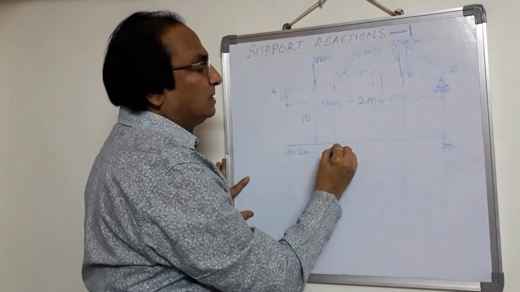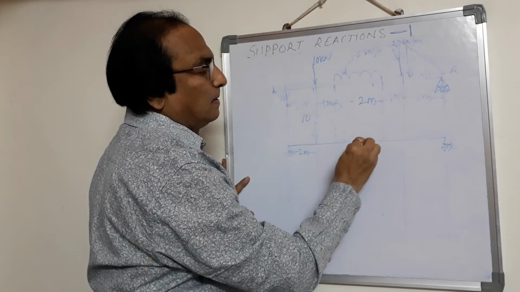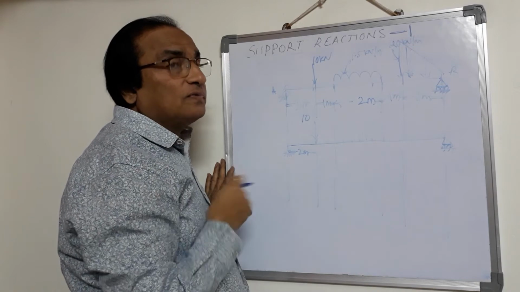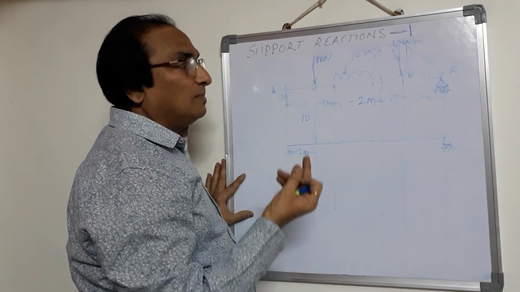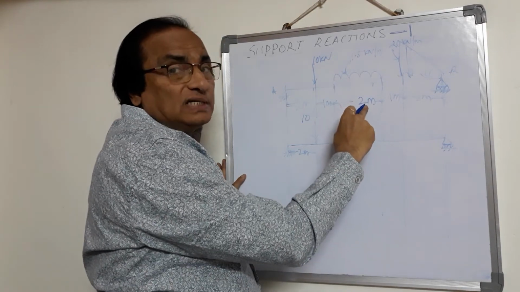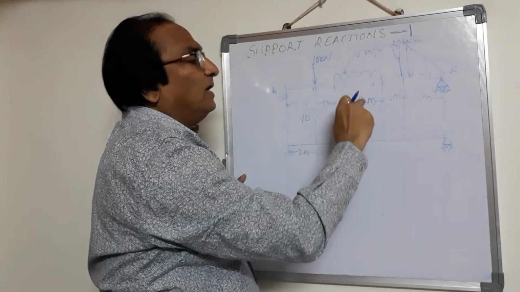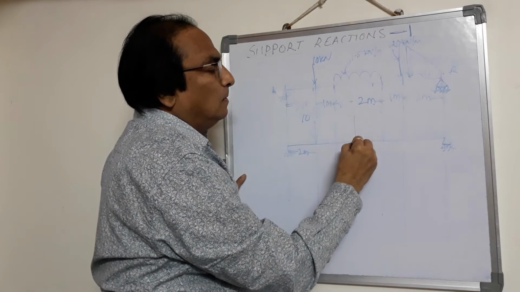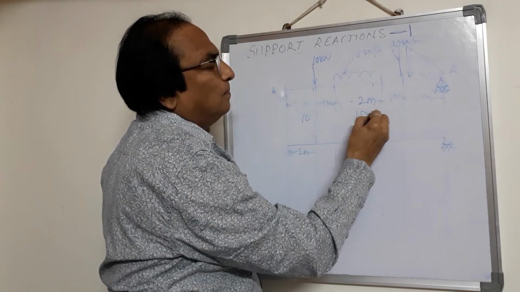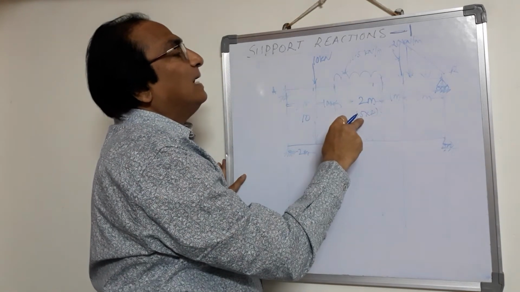Now here you see there is a UDL acting. We will convert this UDL in terms of the total load. We know the intensity of load and the distance for which it is acting. So total load will be 1.5 into 2. Where will this total load act?